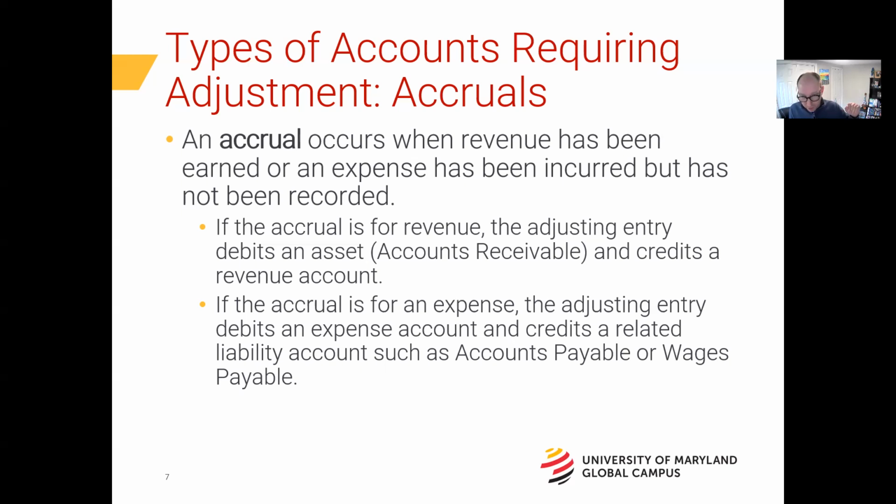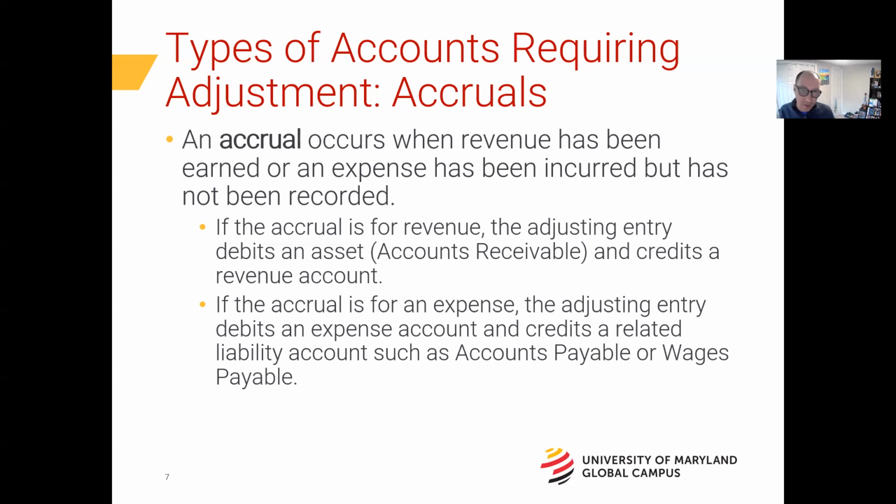The first transaction is I am going to debit my utility expense for the month of April to increase my expense. And I'm going to credit accounts payable to reflect that I owe the utility company money, but I have not yet paid them.